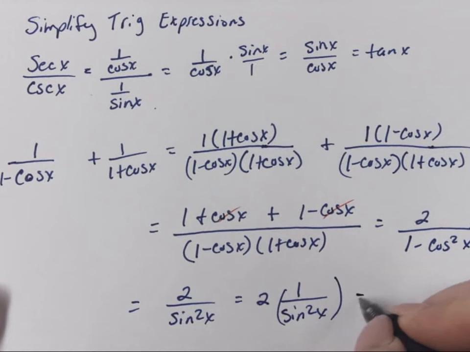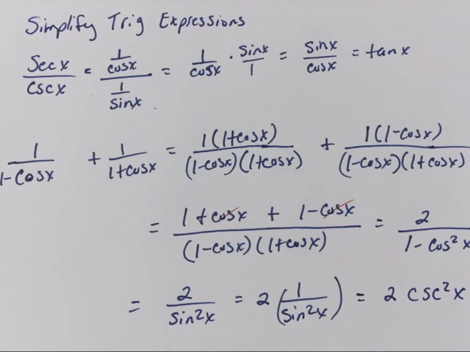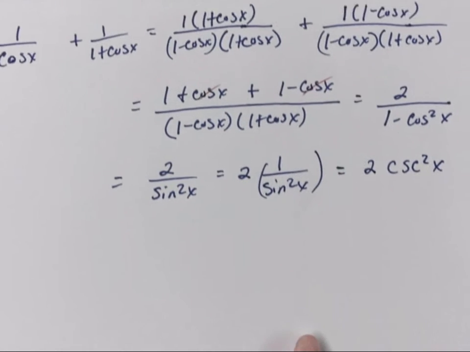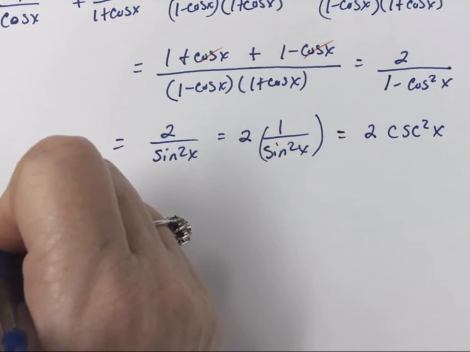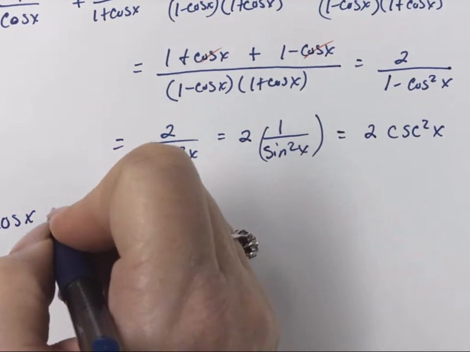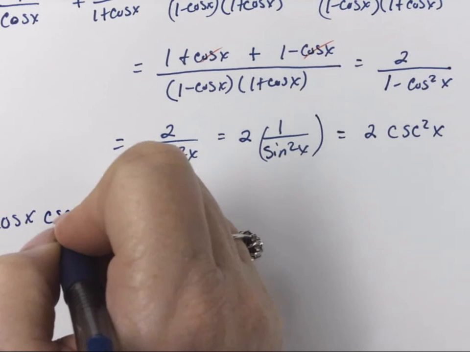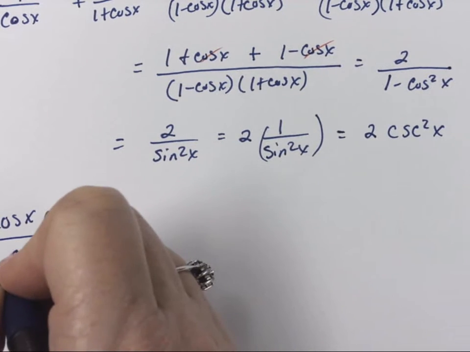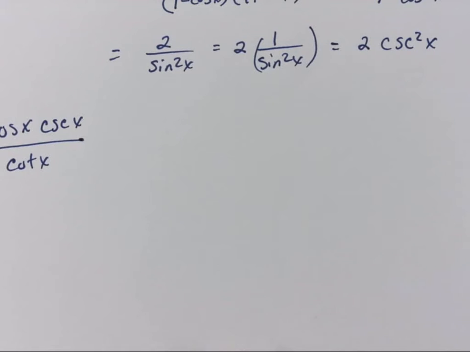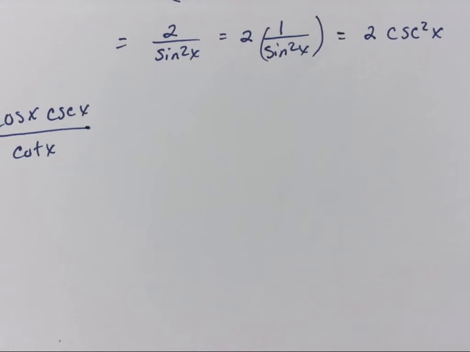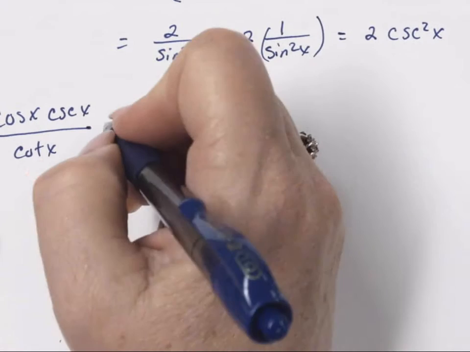One of the things I'm going to do is I'm going to write my cosine x over 1 so that I can keep track of if it's in the numerator or the denominator part of our fraction. And cosecant x will be 1 over sine x, and our denominator, cotangent x, will be cosine x over sine x.